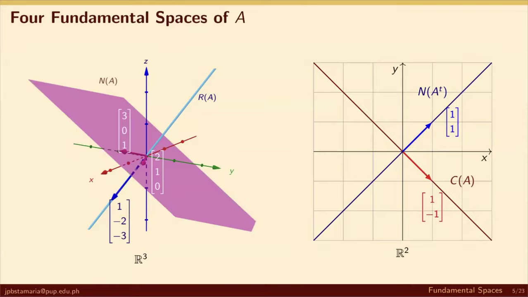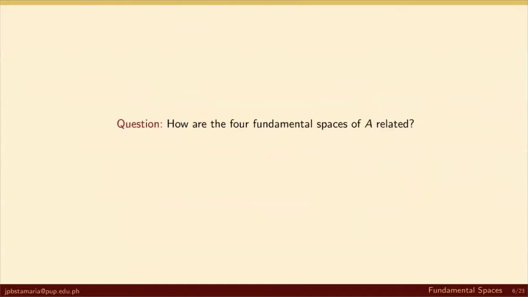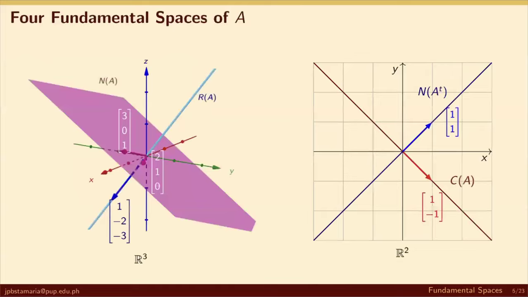Okay. So the main question will be, how are these four fundamental spaces of A related to one another? If you look at the picture, one thing that you can notice is that because the vectors 1, 1 and 1, -1 are orthogonal to one another, you can check that their dot product is 0.